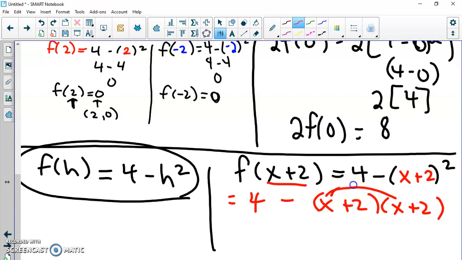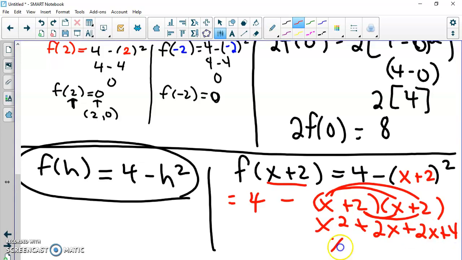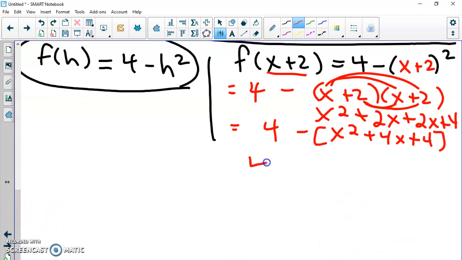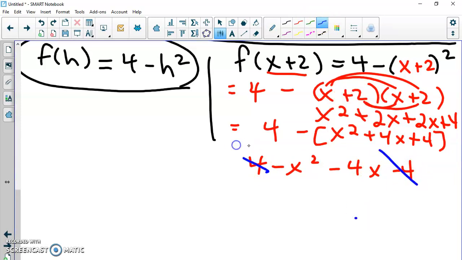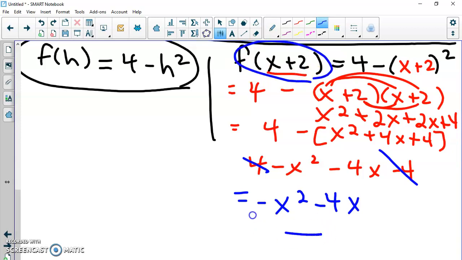We have to distribute: x squared plus 2x, distribute the 2, 2x plus 4, combine like terms, and all of this is coming after a subtraction sign with the number 4. So this will be 4 minus x squared minus 4x minus 4. Our 4's will cancel. So this one is negative x squared minus 4x. It's a whole new equation. So f of x plus 2 is negative x squared minus 4x.